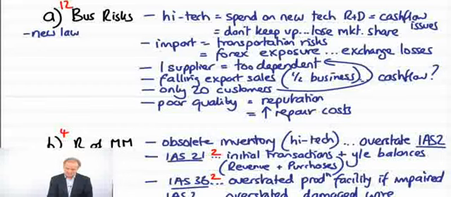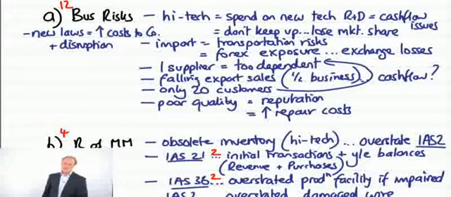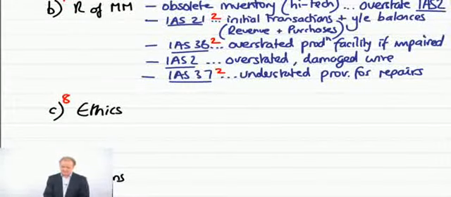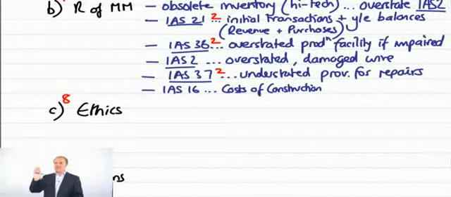New laws equals increased cost to the company and disruption to business. That's a business risk. Risks of material misstatement. Well, we've got IAS 16, costs of construction of the new asset are at risk of being overstated, understated, I don't know which. We'll keep on reading in a minute.